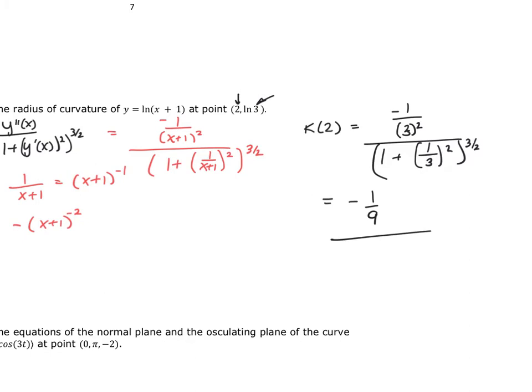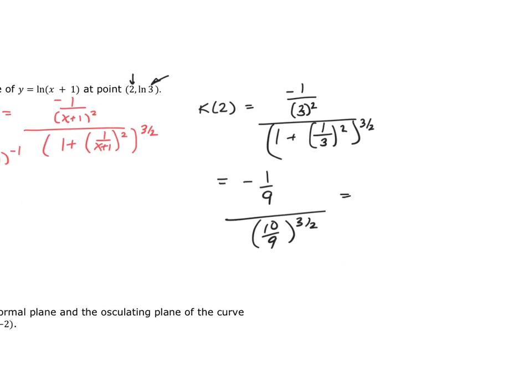And then in the denominator, 1/9 plus 1 is 10/9. Is that right? 10/9, yep. 10/9 raised to the 3 over 2. Which is the same thing as negative 1/9 multiplied by 9 over 10 raised to the 3 over 2.